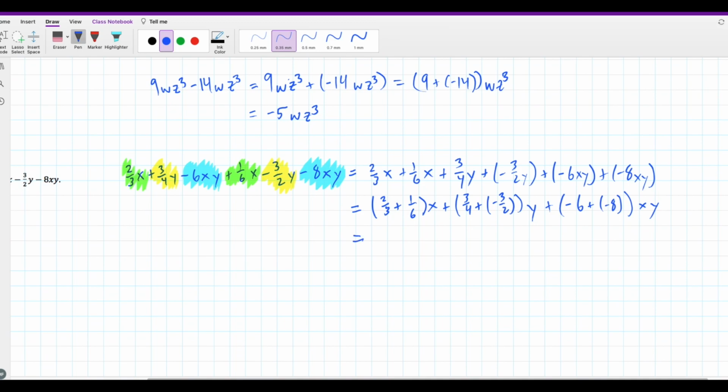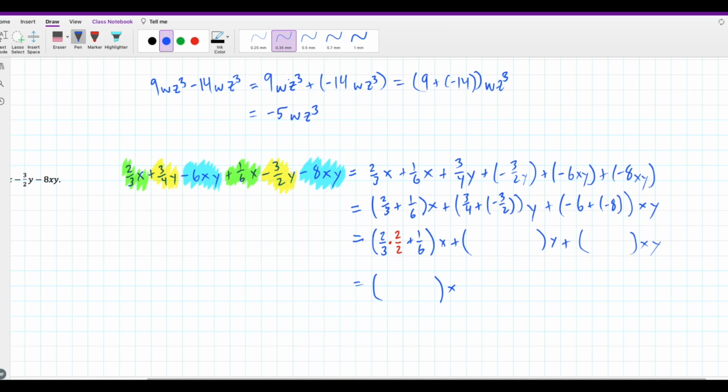So in order to add these fractions, I'm going to multiply this by 2/2. What I'm going to do is keep dealing with this one here, just because I've already got my brain thinking about that. You don't have to do it that way.